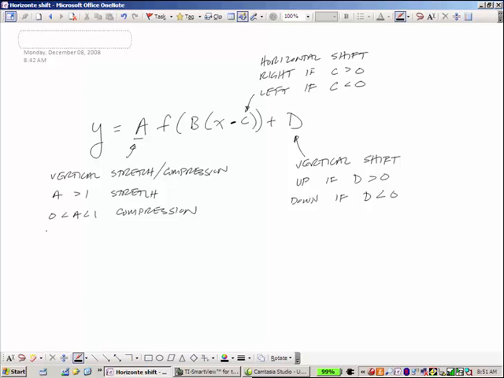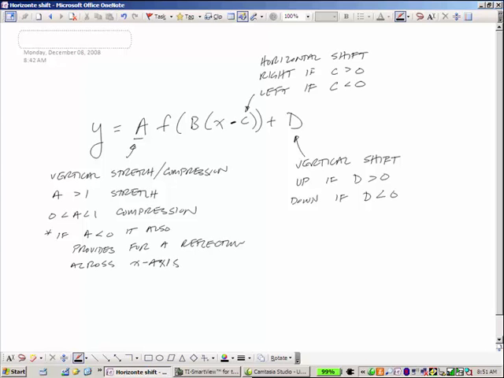Okay. If A is less than 0, it also provides for a reflection across X. So in addition to compressing it or stretching it, if it's negative, not only will it compress it or stretch it, but it will also flip it across the x-axis.